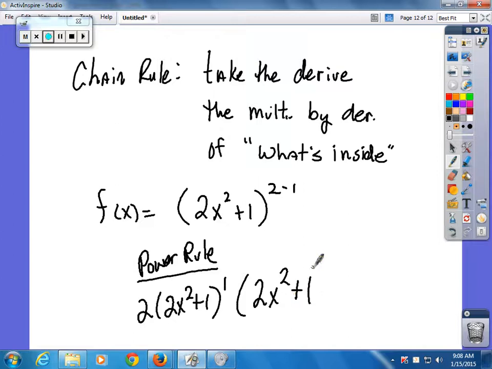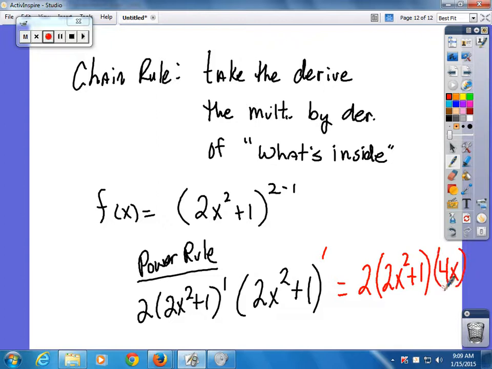2x squared plus 1. And I'm going to put a red tick mark on that, meaning that I've got to take the what? The derivative of what's inside. So that gives us 2 times 2x squared plus 1 times, well, what's the derivative of 2x squared? 4x.